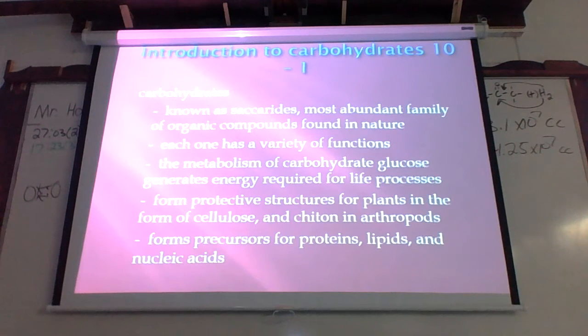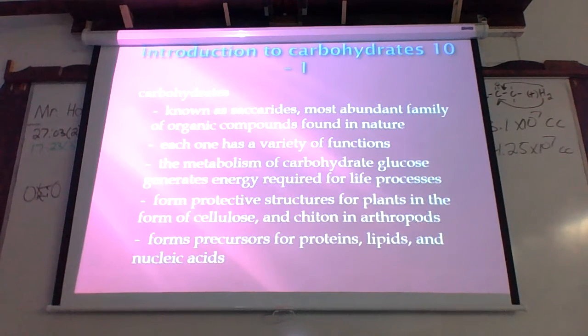Okay, so moving on. When we're talking about carbohydrates, it's probably the most basic unit of nutrition where we get our energy from. So when we refer to sugars, yes, they're saccharides.